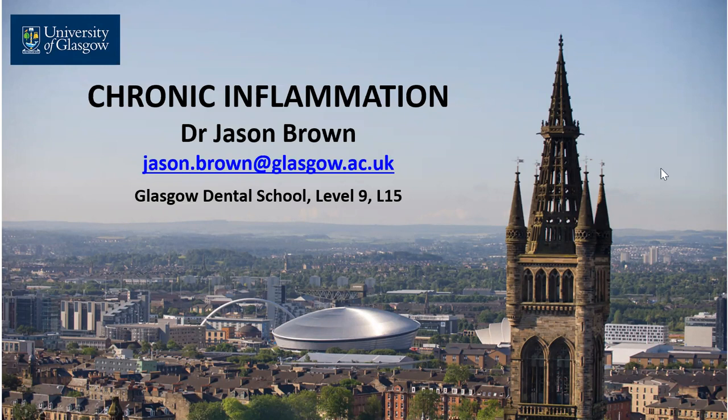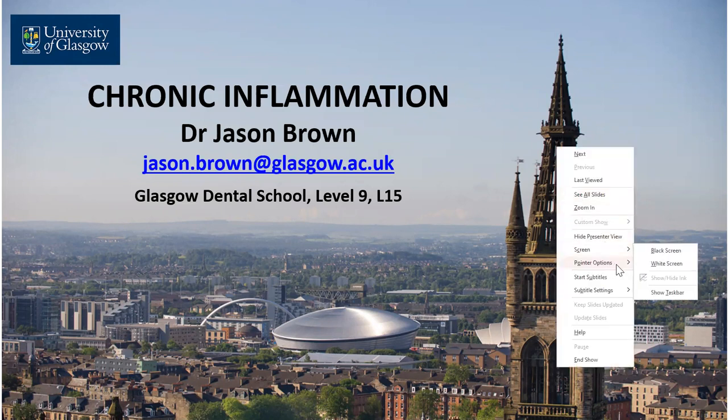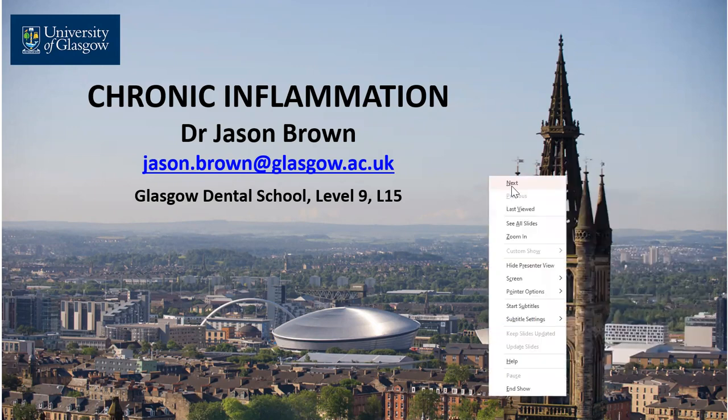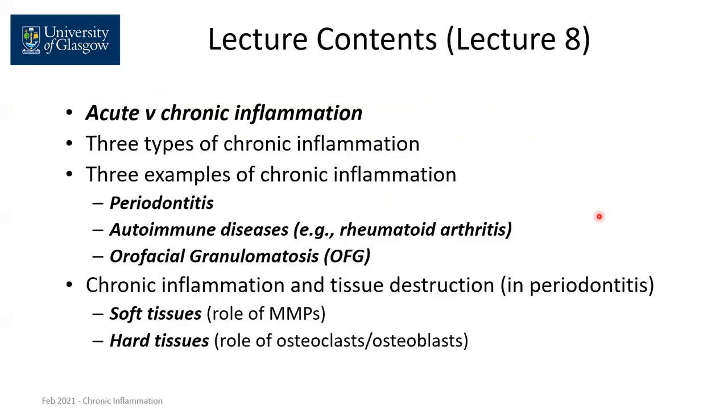So if we move on to today's lecture, if I just get the pointer up. So the contents for today's lecture is ultimately on chronic inflammation. We talked about acute inflammation in the last session, and today it'll be on chronic inflammation. So we'll highlight what the key differences are between the two types of inflammation.